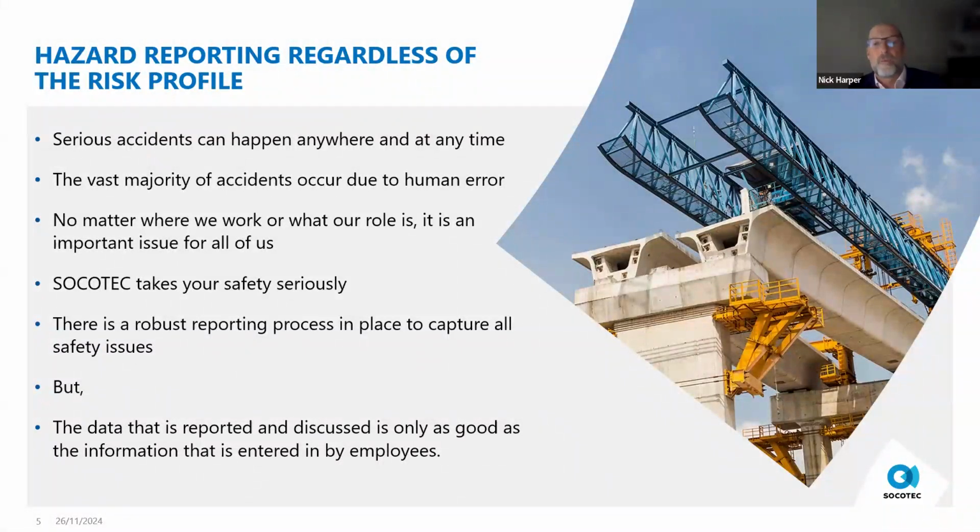So what we're asking for is to start to compile that data. If I told you currently we have 1 or 2 hazard reports each month for a division of 420 people.